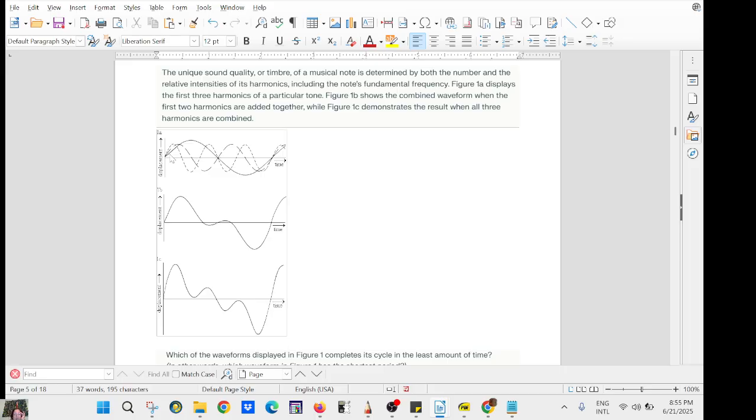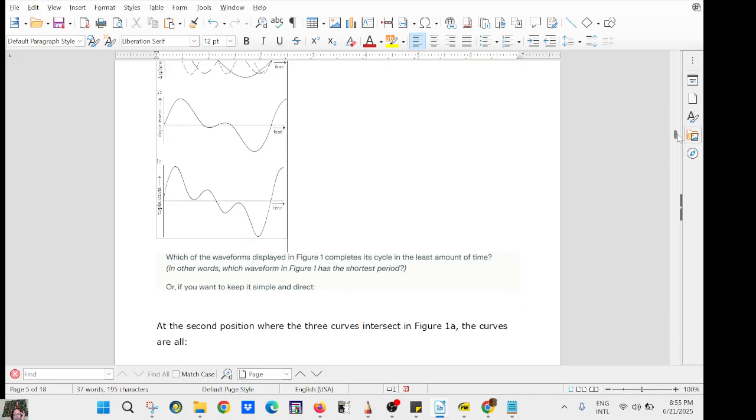So here you have 3 harmonics. That will be the fundamental, the second harmonic or first overtone, and the third harmonic or second overtone. Here you are adding the first and the second, and here you are adding the first, the second, and the third, with different weight, different amplitude for each one.